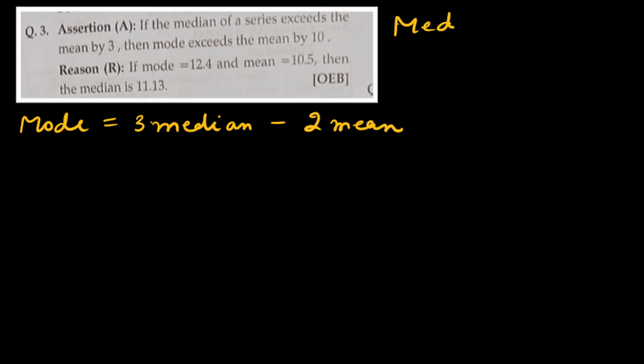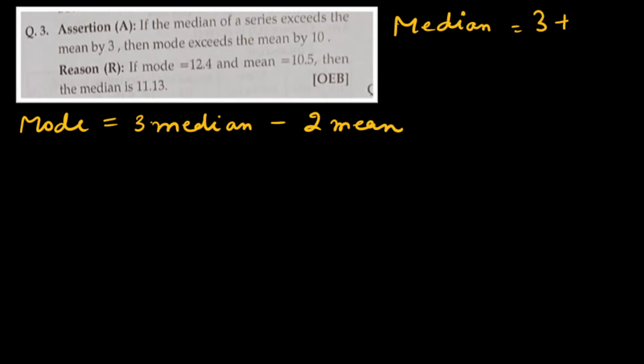Next question we have to do by using this relation, which I told you earlier also in this class itself. Mode is equal to 3 into median minus 2 mean. This relation we have to use. So if the median of the series exceeds mean by 3, so what is median? Exceeds means plus.